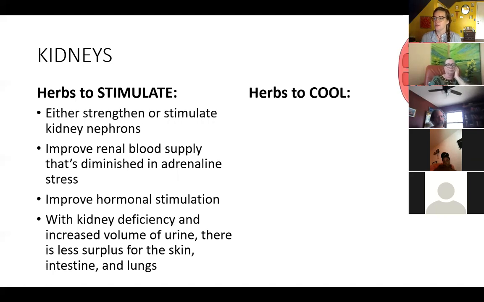So when you need to stimulate the kidneys, you either need to strengthen or stimulate the kidney nephrons, which are the main filtering part in the anatomy of the kidney, or improve renal blood supply that's diminished by adrenaline stress. Like that rant I gave at the beginning, the first reaction to stress is central nervous system activation, and that adrenaline stress can diminish blood supply in the kidneys as well. That's the filtering part of your body that helps you balance and stay balanced.